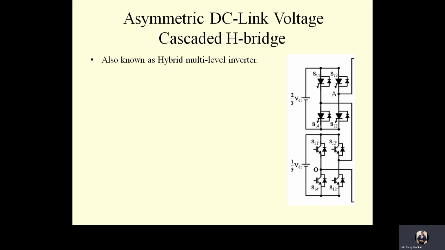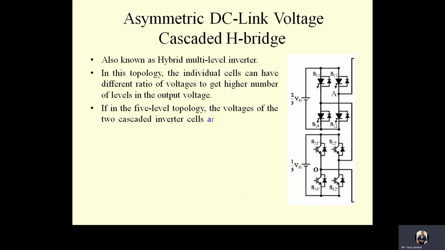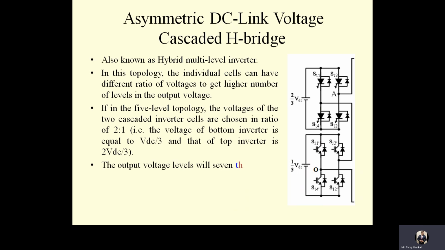Then the same circuit configuration can give a 7-level inverter structure. The pole voltage VAO can have 7 levels, which are VDC, 2 VDC by 3, VDC by 3, 0, minus VDC by 3, minus 2 VDC by 3, and minus VDC.